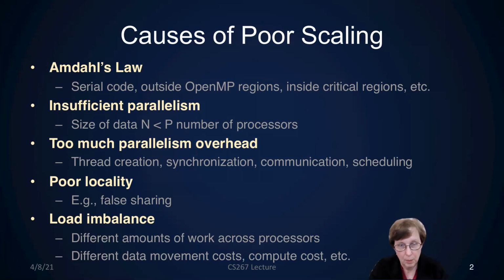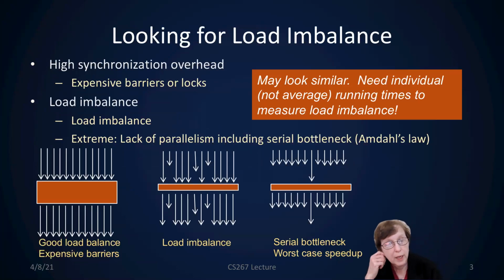So let's talk about the load imbalance case a little bit more. If you're looking for load imbalance in your application, and let's say you're writing an MPI application with barriers, where it's a little easier to see this, you can distinguish the different cases of performance problems. On the left picture, you've got good load balance.